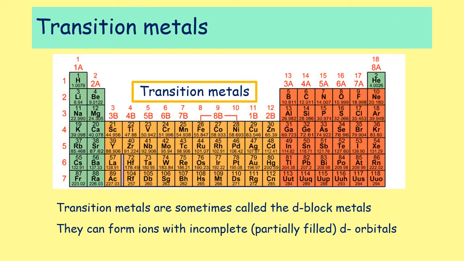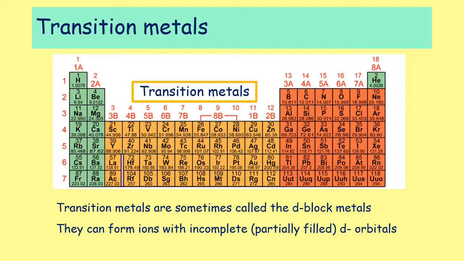So remember that transition metals are that block of metals in the middle of the periodic table. They are also known as the D block, and they are called the D block because their outermost electrons are found within D orbitals.